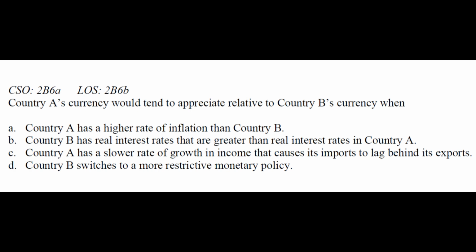D. Country B switches to a more restrictive monetary policy. Incorrect. Restrictive monetary policy typically raises interest rates in country B, attracting foreign investment and strengthening country B's currency rather than country A's. Correct answer. C. Country A has a slower rate of growth in income that causes its imports to lag behind its exports.